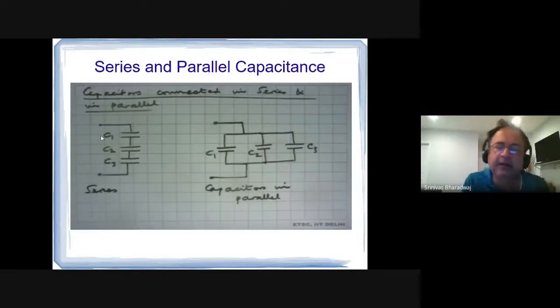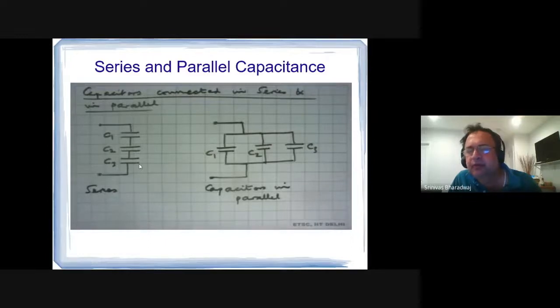And as a result, the charge on each of the capacitors will be a constant when the capacitors are connected in series like this, right? The charges will be a constant. So Q is equal to CV.